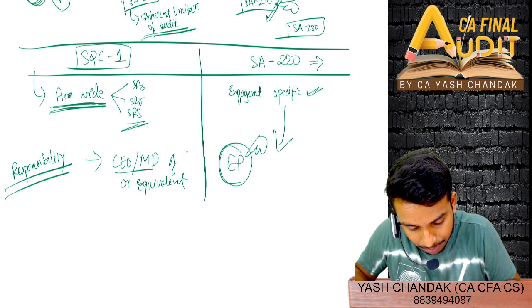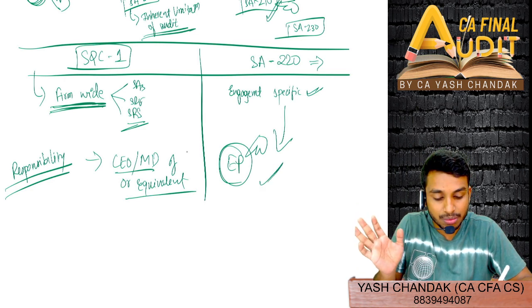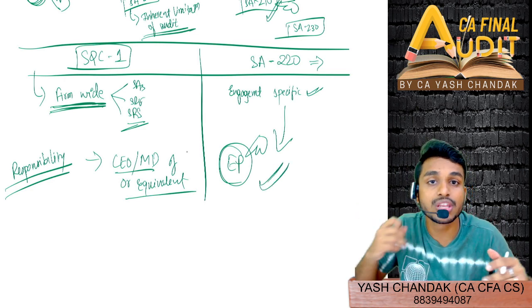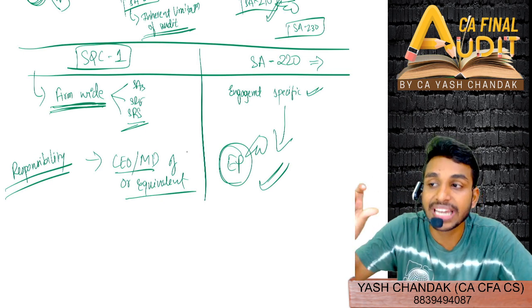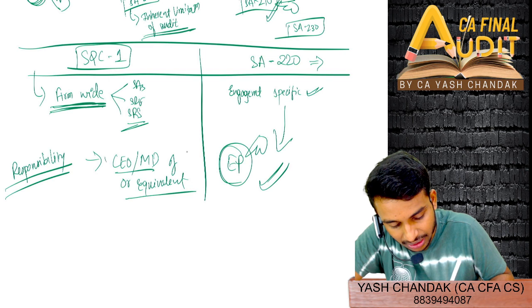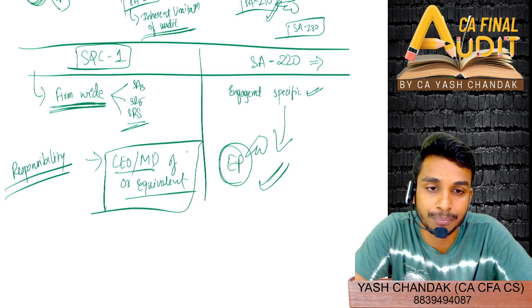Here the responsible person changes according to the engagement, and that person will be responsible for SA 220 compliance. However, in SQC 1 it will be the CEO, managing partner or managing director of the firm.